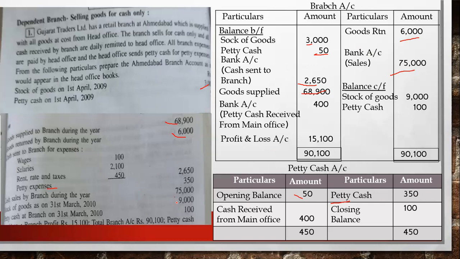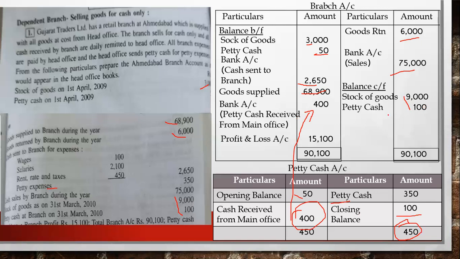Then these are the closing stock. So we will write down the balance carried forward of closing stock, stock of goods and petty cash. We'll write down the closing balance of petty cash, and then we'll do the total 450. So this difference we will find out, that is cash received from main office, this will be debited to this account, and it is written bank account, petty cash received from main office or head office.